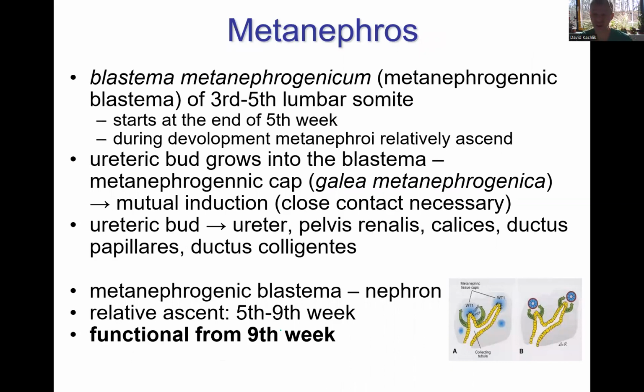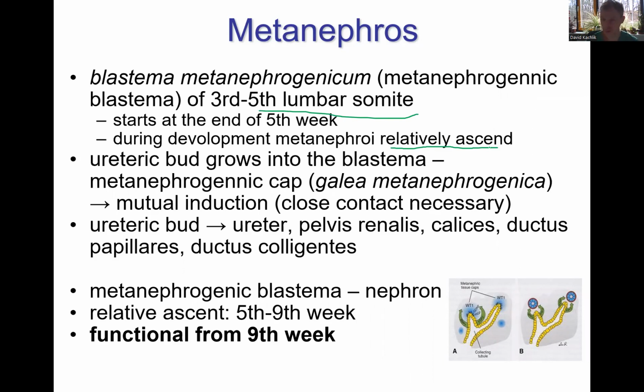And concerning the real definitive kidney or metanephros, it is produced in the lumbar part, in the lower lumbar part. That's why it relatively ascends. Relatively ascends means that the trunk really grows and gets longer and longer.